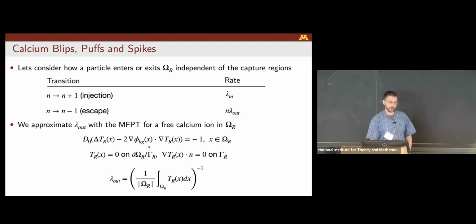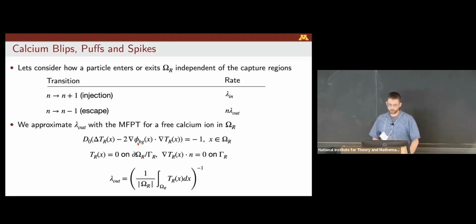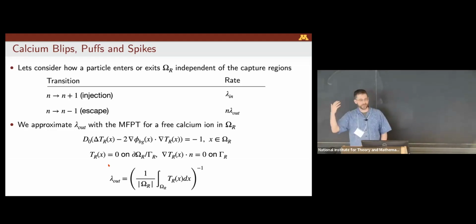We can do this calculation, but note that I have the background field here as well. We all know that we can make this more difficult. We are allowed to have a drift term here, but again, this has been motivated by the underlying biology. And just assuming that we have this uniform field, I estimate the mean first passage time for a particle to leave the domain, and I'm calling that lambda out.